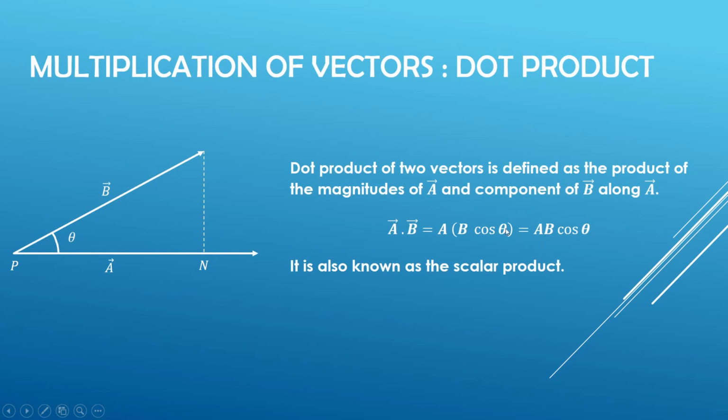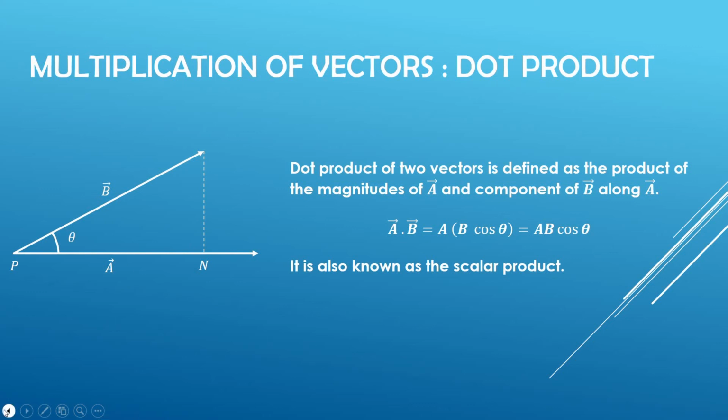What is the meaning of this dot product? This dot product is equal to the magnitude of A vector times the component of B vector on A vector.